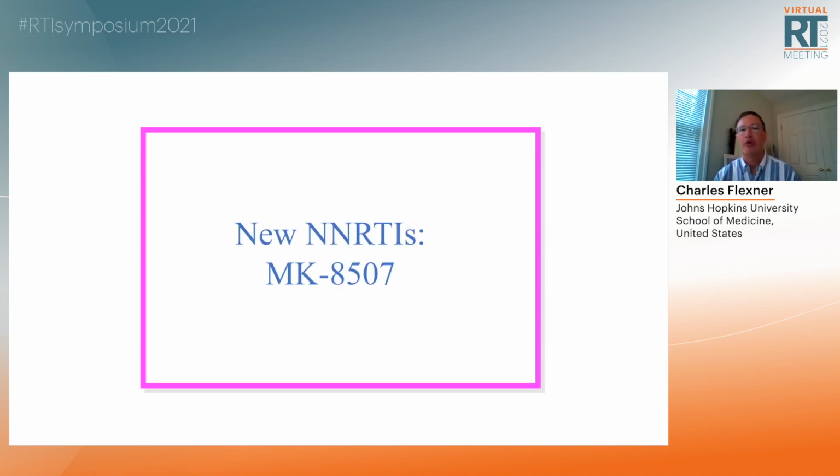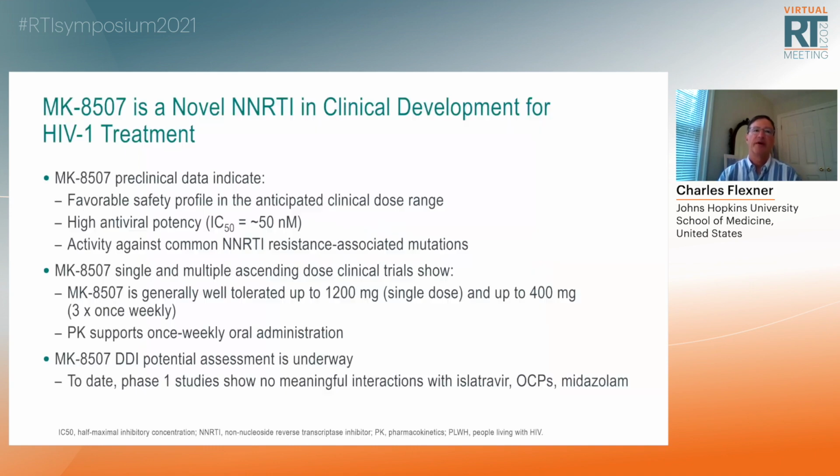Now we'll move from doravirine to a new non-nucleoside reverse transcriptase inhibitor, MK-8507. MK-8507 is a novel NNRTI in clinical development for HIV treatment, partnered with other effective antivirals.